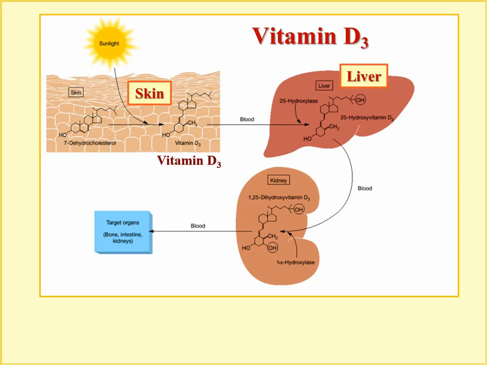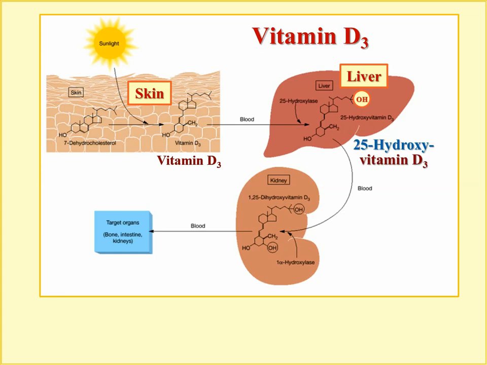The first hydroxylation occurs in the liver, and in the 25th position of the molecule, an OH group is added. So this hydroxylated vitamin D3 also is not highly active as compared to the final active one.